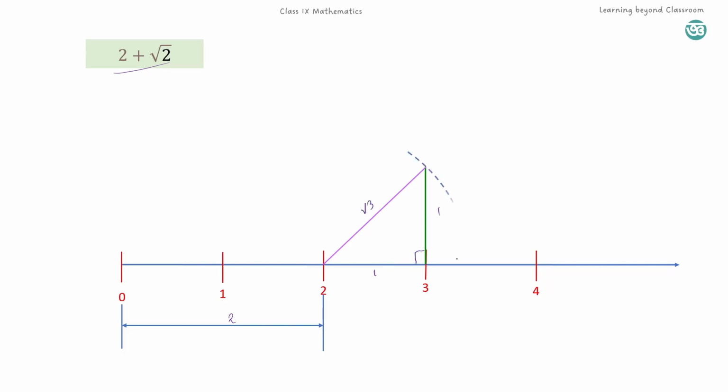So you draw an arc, and this distance is equal to root 2. So this is 2 plus root 2. Say this point is A, this point is 2 plus root 2.